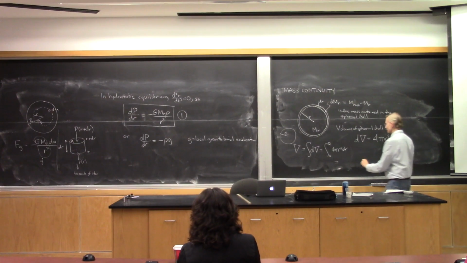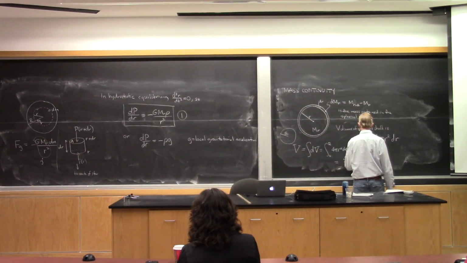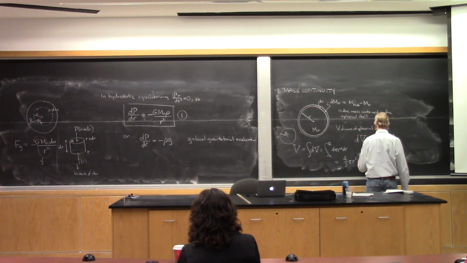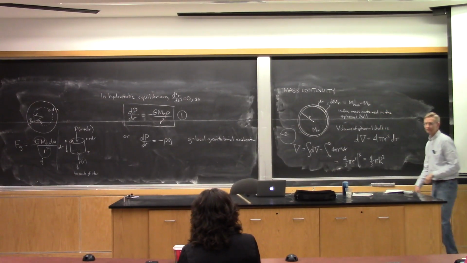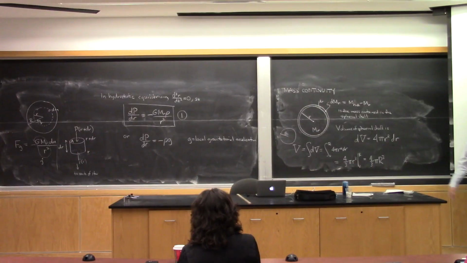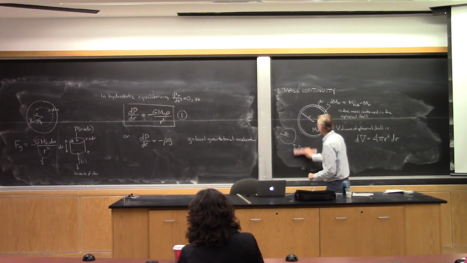R cubed over 3, so I get 4/3 pi r cubed evaluated between 0 and capital R, which is 4/3 pi R cubed. Does that look familiar for the volume of a sphere? You get it from integrating dV, right? So, okay. dV is 4 pi r squared dr.